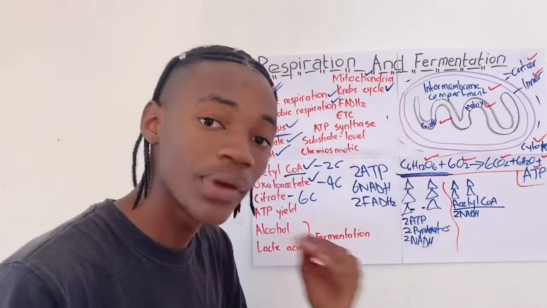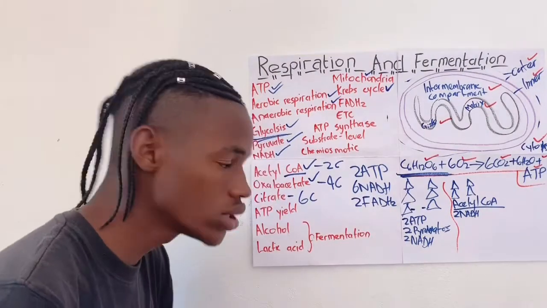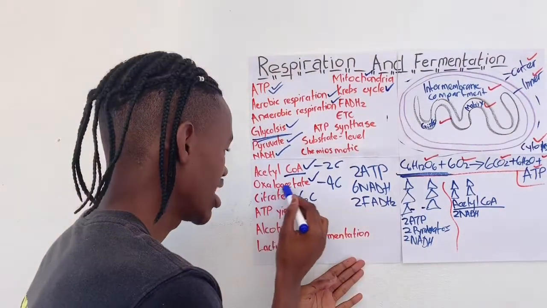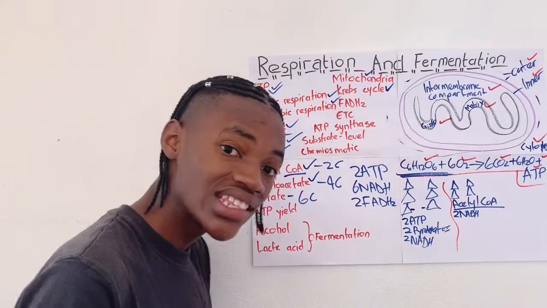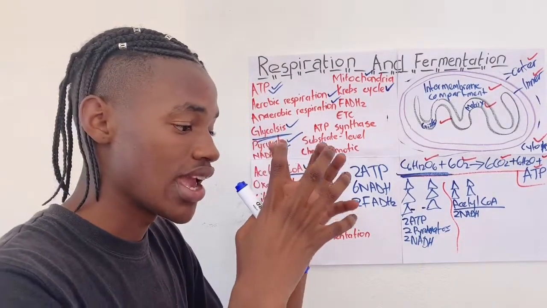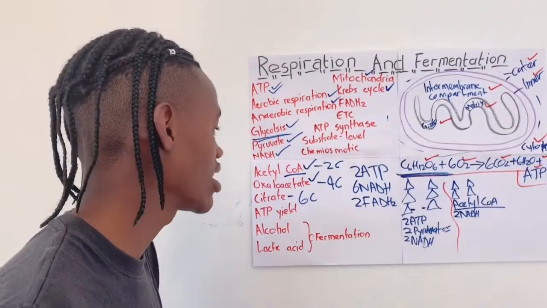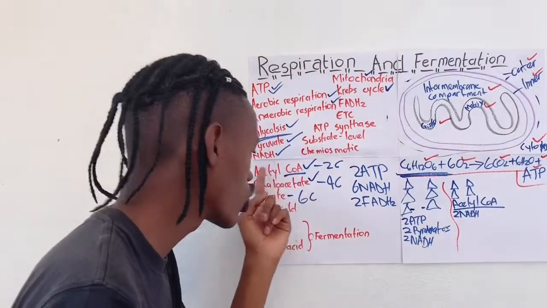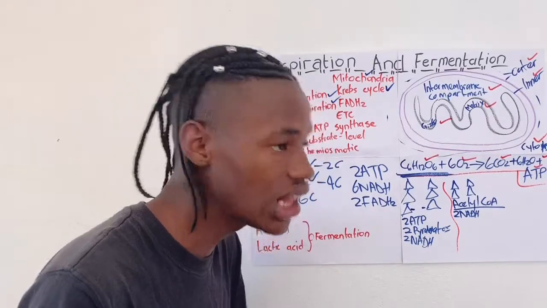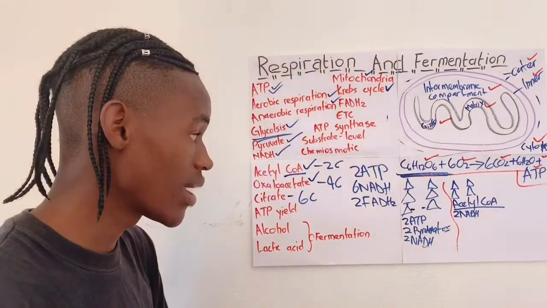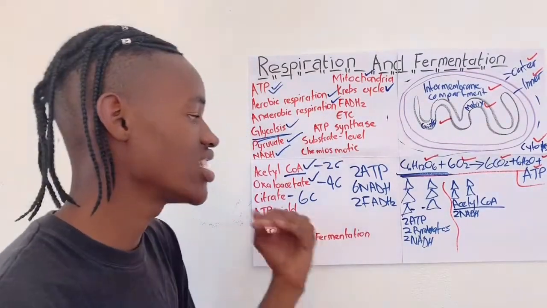So then after this, the cycle repeats itself, whereby the original oxaloacetate molecule is regenerated again, and it repeats the steps. And the two carbons of the acetyl CoA are released from the cell as carbon dioxide, and then we make 2 ATPs, 6 NADH, and 2 FADH2.